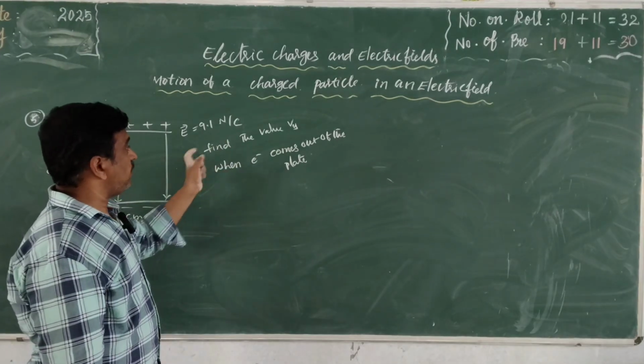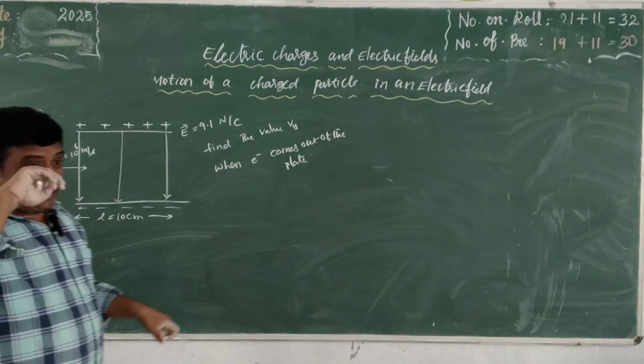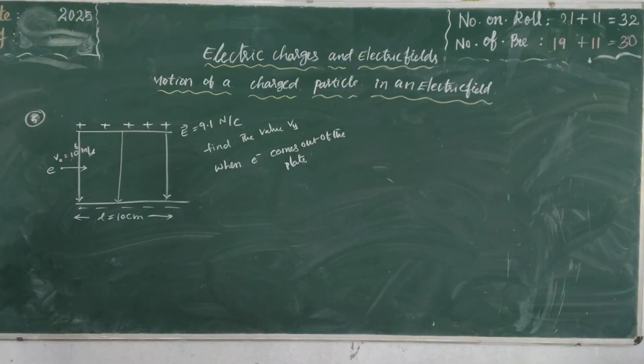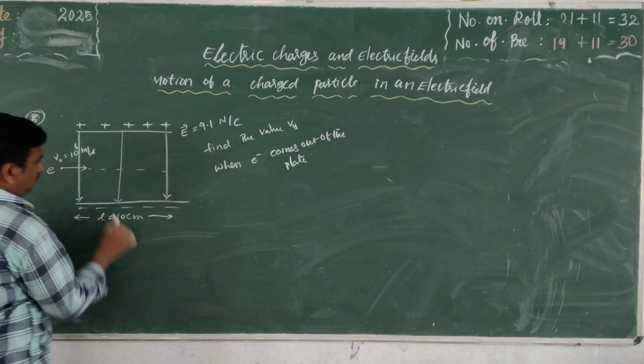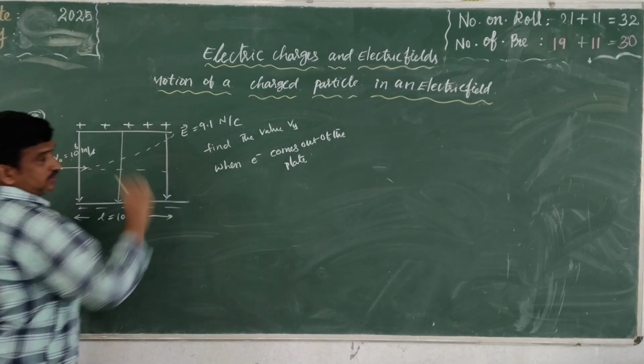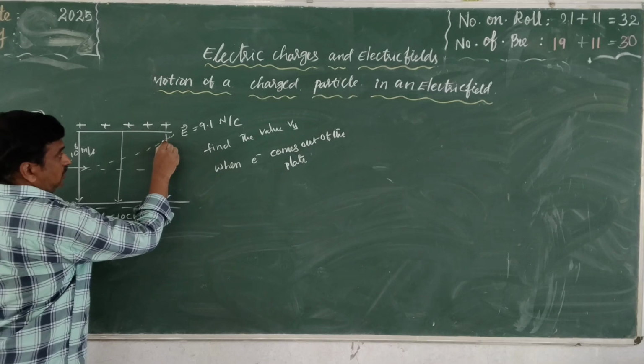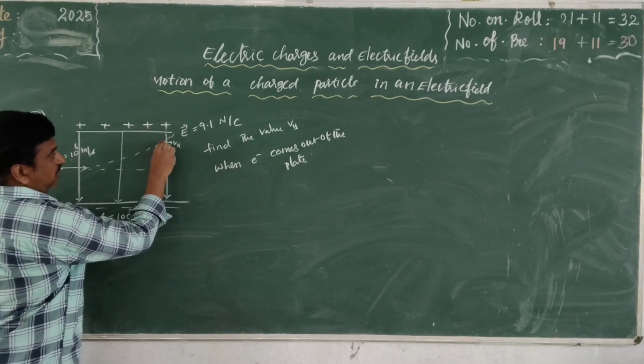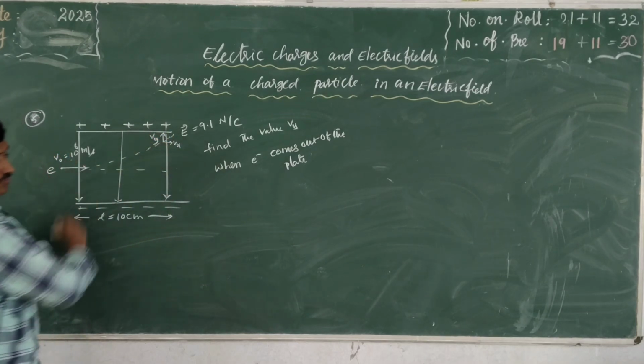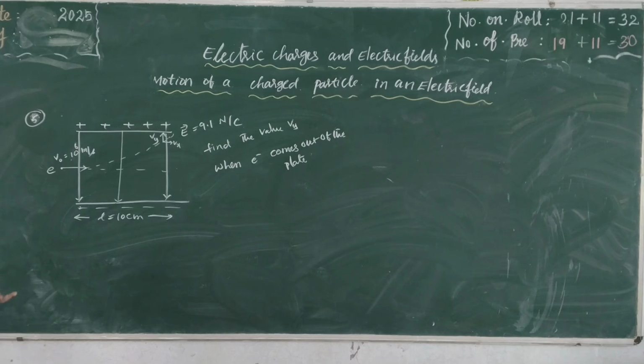The electron is deflecting in this direction, with velocity Vx along the x axis and Vy along the y axis. That is what we want to find out.